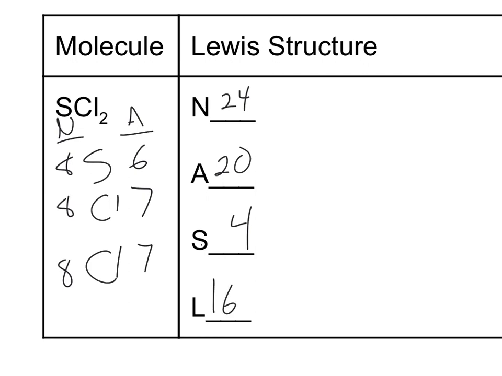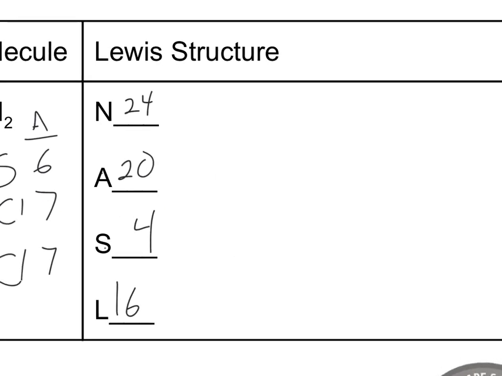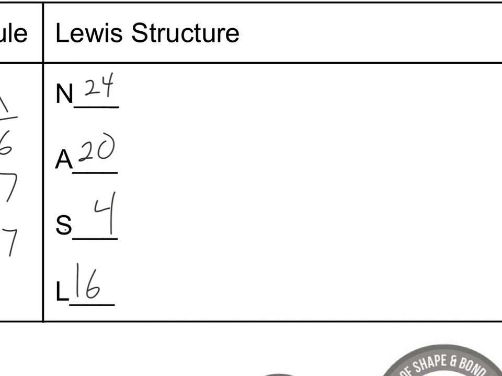So this one's going to be a little bit different. We're going to have sulfur in the middle, chlorines on either side. Share 4 electrons. One bond from the sulfur to each chlorine. There's 4 electrons shared.